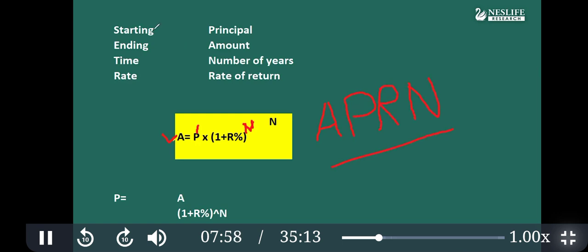Now, if any 3 values are given, we can calculate the 4th value. For example, let's say you invest 1,000 rupees in the bank at a 7% interest rate, for 5 years. Then you can calculate the amount using this equation easily, because these are already available. How do you calculate? First you can calculate the bracket.